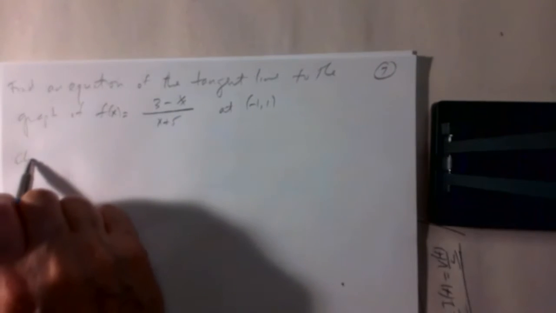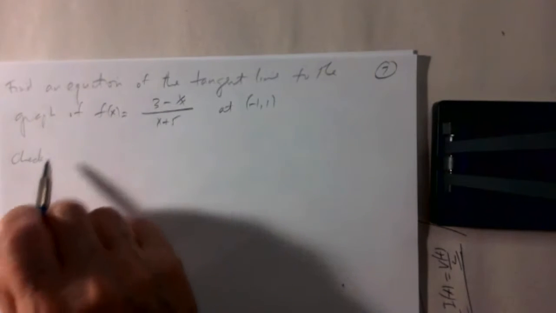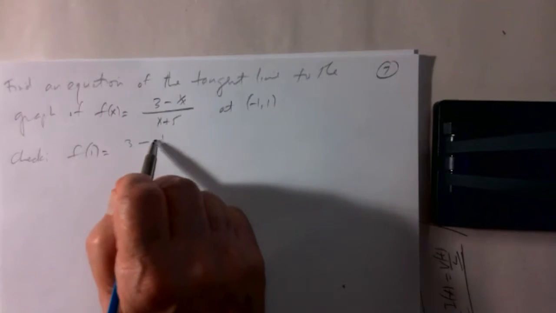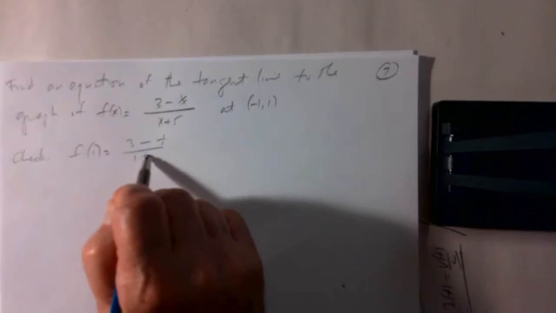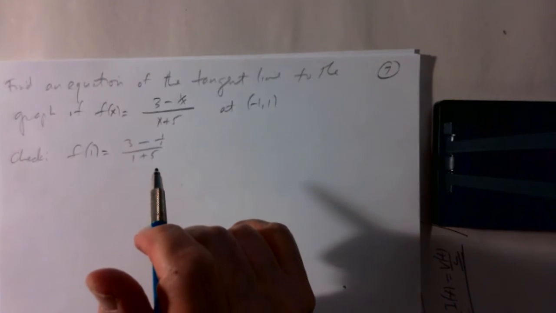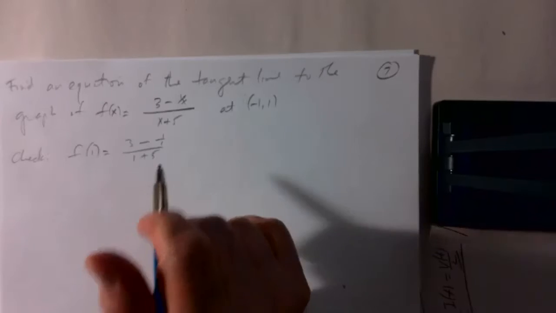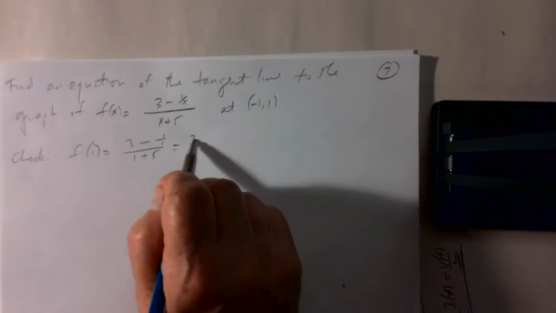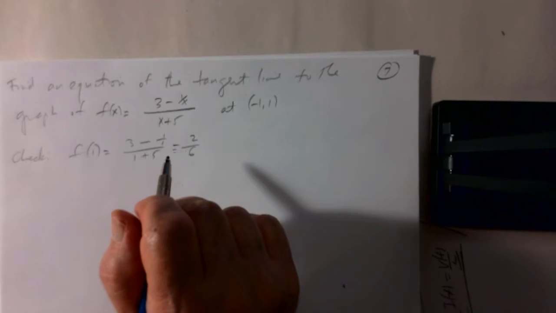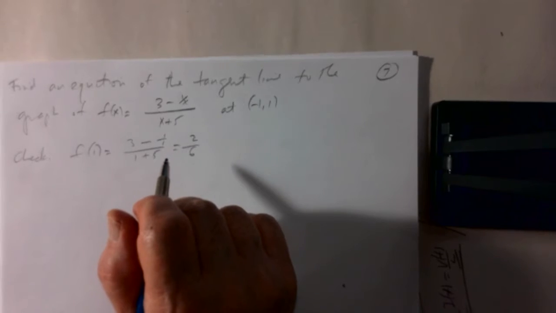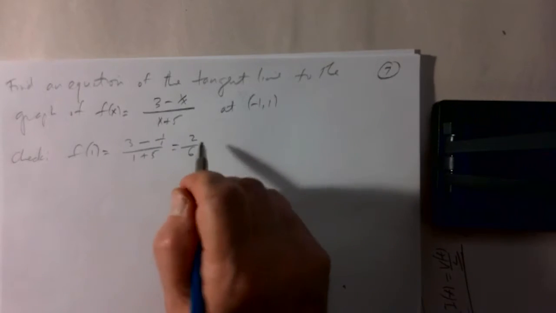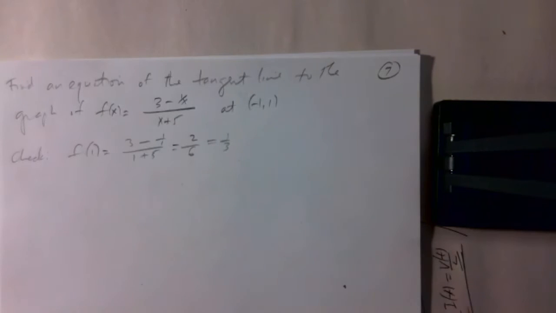By the way, this just checks something. If you evaluate this function at 1, you get 3 minus 1 over 1 plus 5, which is 2 over 6, is 1/3.